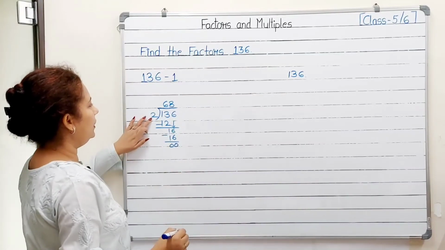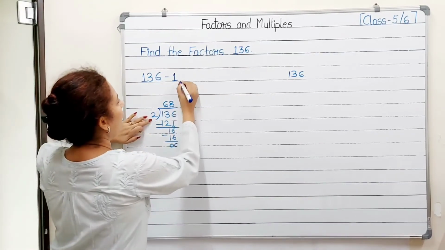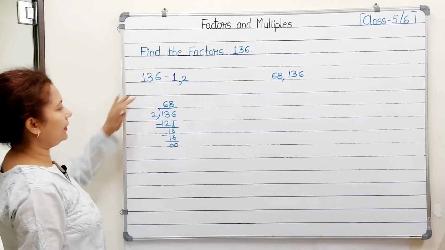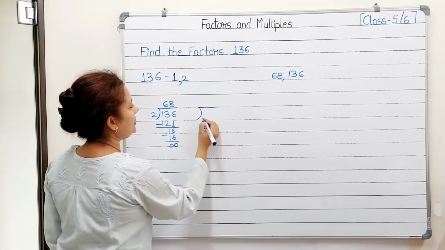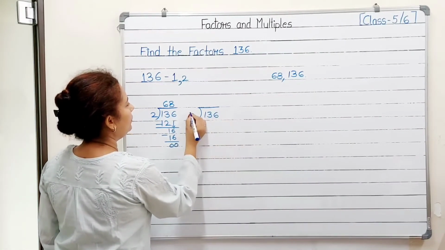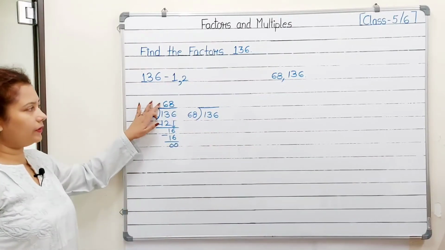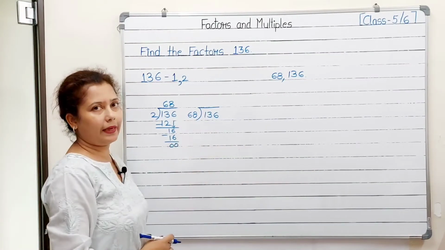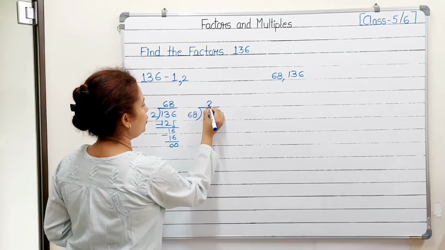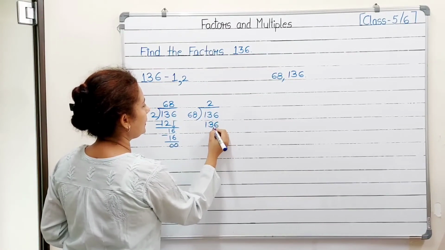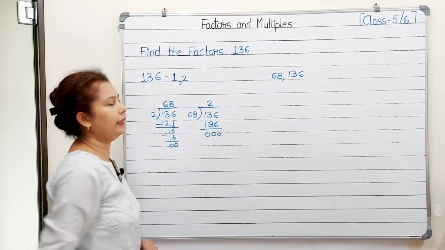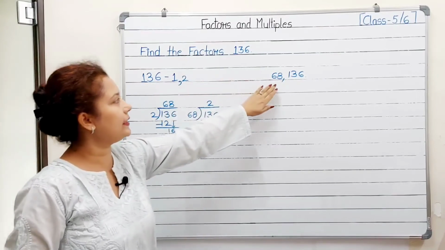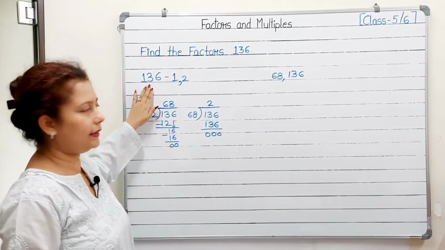So here 2 and 68 both are factors of 136. Now we will see why 68 is also a factor. When we divide by the quotient, then also we will get remainder 0. 136 divided by 68, 68 into 2 is 136. So here the remainder will be 0. So that's why we say that 2 and 68 both are factors of 136.